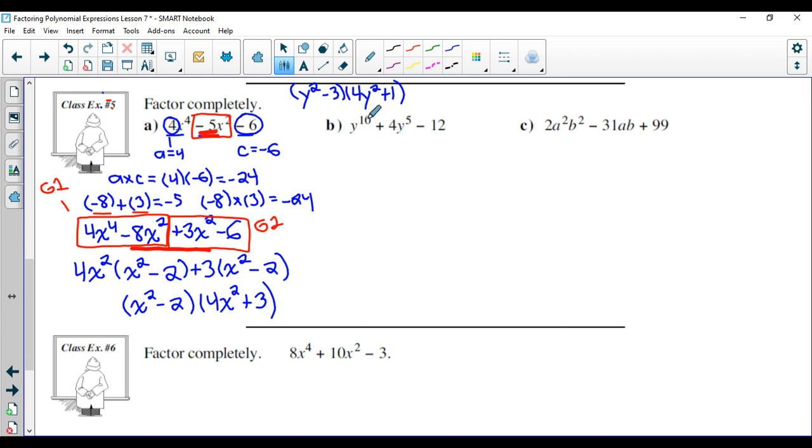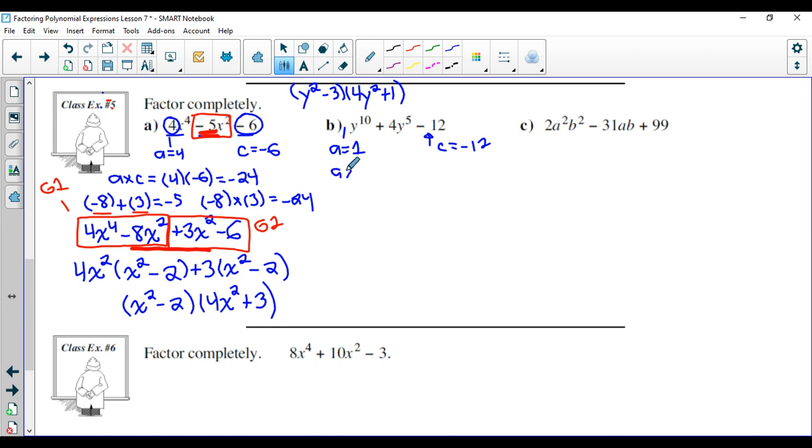Okay, this one, same thing. We have y to the 10 plus 4y to the 5 minus 12. So I want to factor by decomposition. So what I would do here is we need to take a. So the value of a here would just be 1. And then here, the value of c would be negative 12.